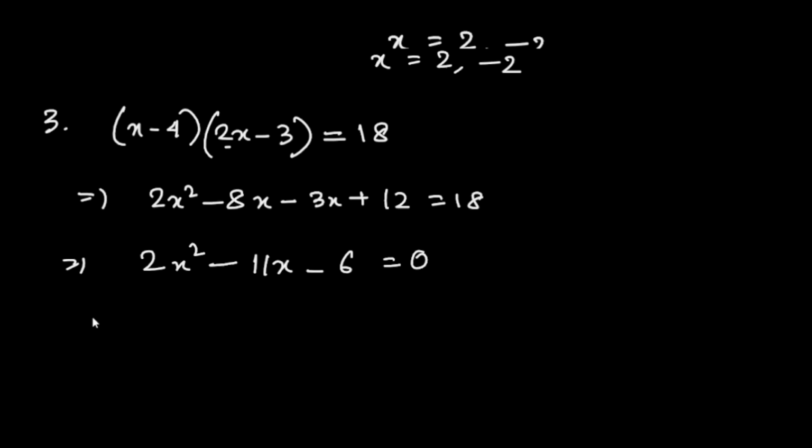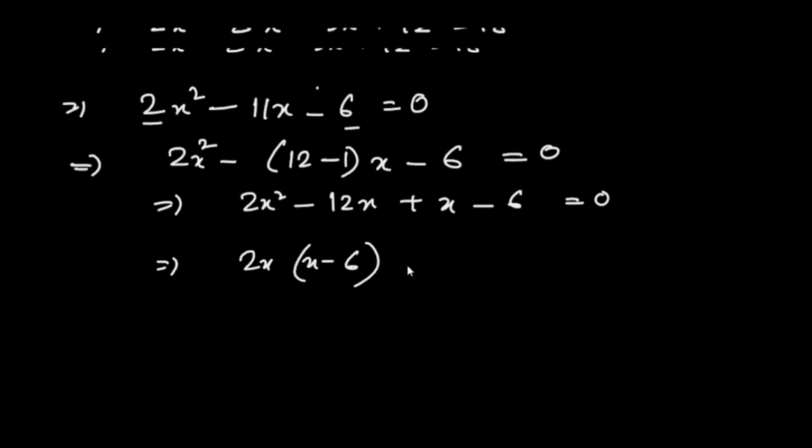From the first two terms, we can take 2x common, so it becomes x minus 6. From the next two terms, if I take 1 common, it becomes x minus 6. So that means 2x plus 1 into x minus 6 equals 0.